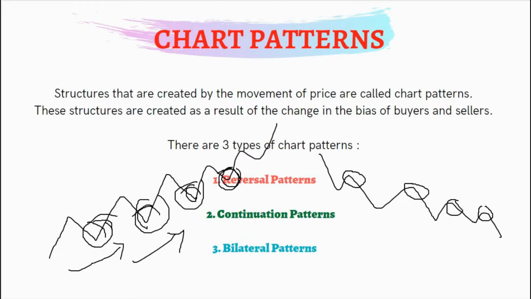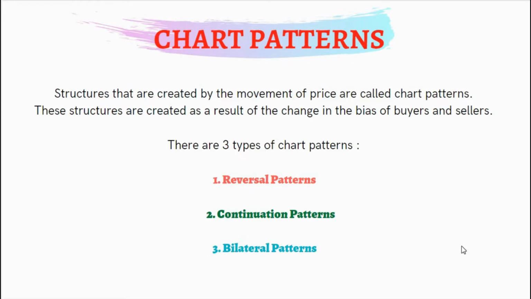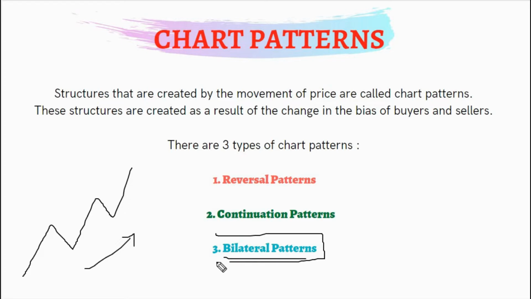Okay, and the next one is bilateral pattern. So what are bilateral patterns? So bilateral patterns are formed when, see, suppose prices are going up. Okay, such kind of patterns are formed when prices may go up or can potentially change their trend from up to down.